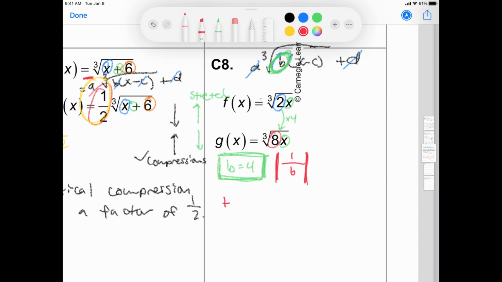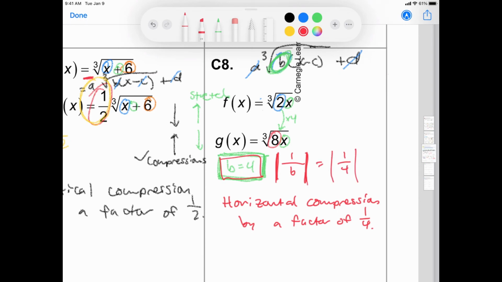So we're going to have a horizontal compression by a factor of 1/4. How do I know it to be 1/4? Well, if you take this value and put it in for b, you're going to get the absolute value of 1/4, which is 1/4. This factor is less than 1, so that's why it's a compression.